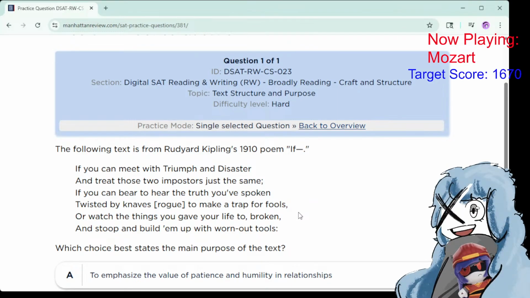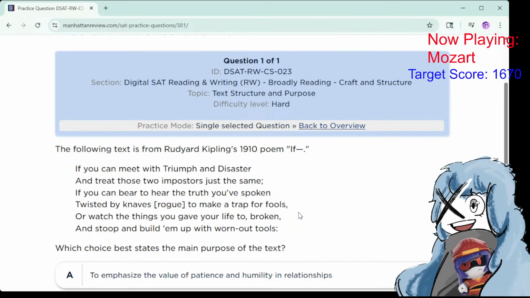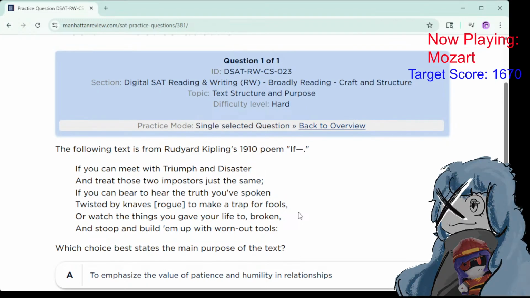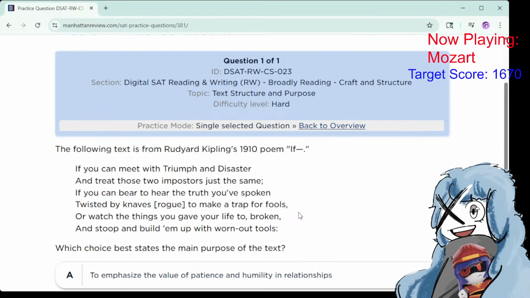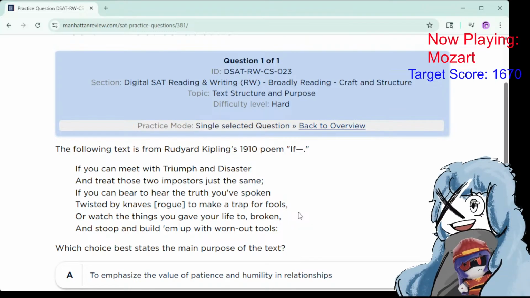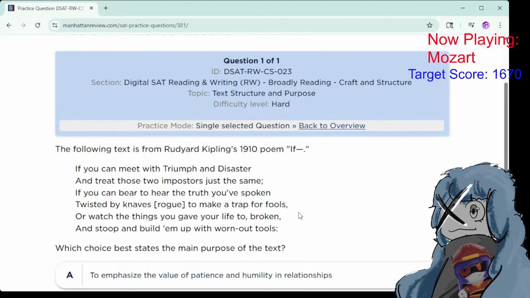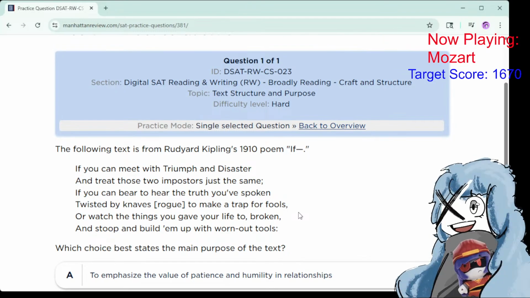If you can meet with triumph and disaster, treat those two impostors just the same. So, just saying, triumph and disaster is like a social construct, I guess. If you can bear to hear the truth spoken, twisted by rogues, like bandits, to make a trap for fools.